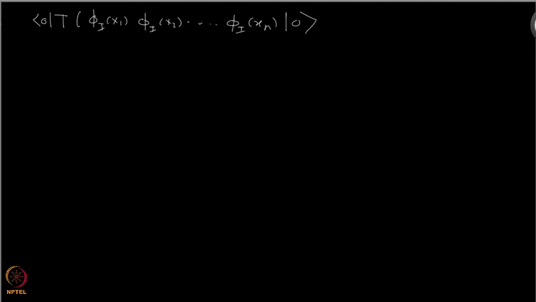So if we can calculate this, we know how to calculate our Green's functions. Okay, so that's what we are going to do. And now we will use our framework of free theory, right? Because we have shown that our phi_I's are exactly the free fields, so we can decompose them as before. So I will write d^3k over (2 pi)^(3/2).